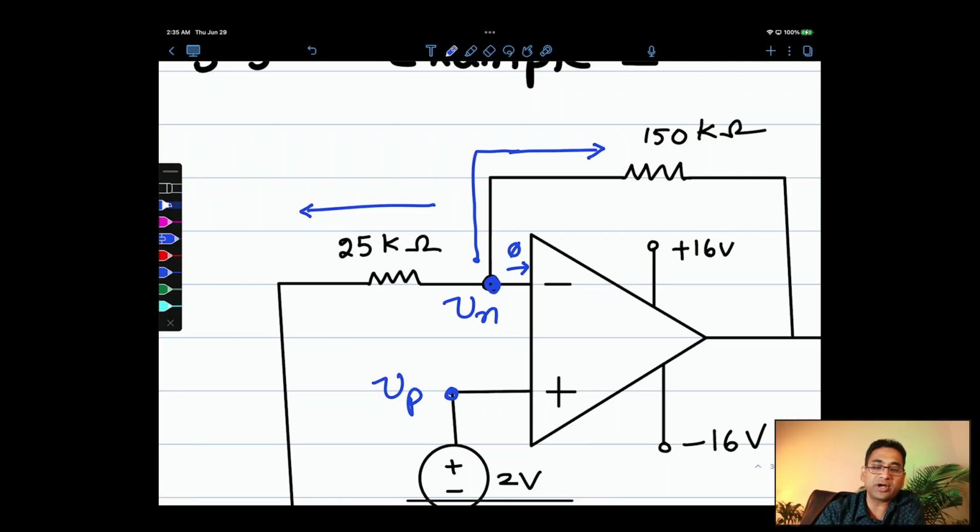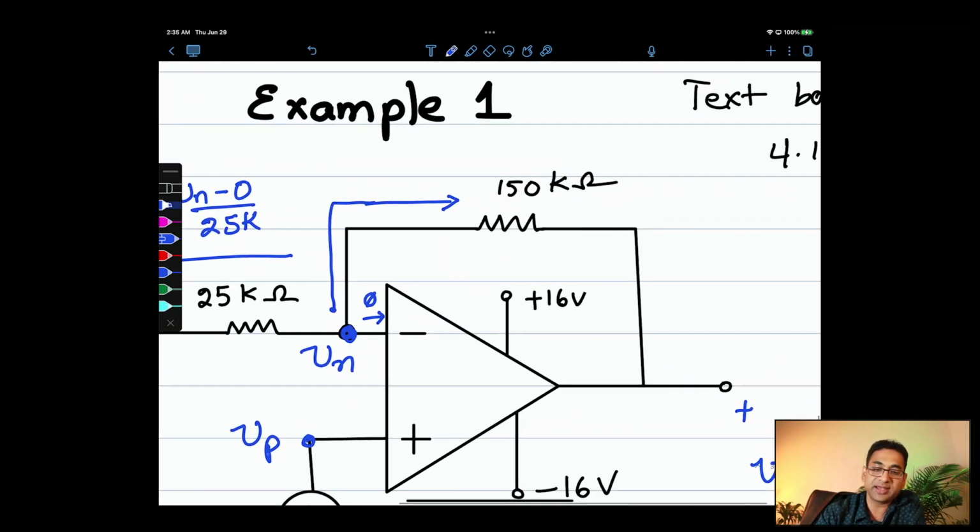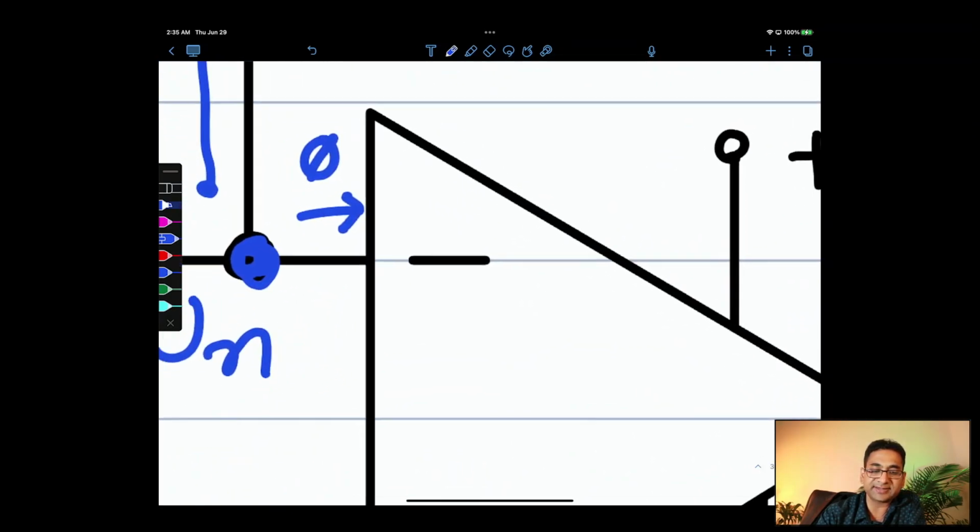The voltage here would be Vn minus ground, since this guy is connected to ground by 25 kilo. The current in this branch: this guy is connected to Vn, and this is connected to Vo by 150k. And the current in this little branch is 0.